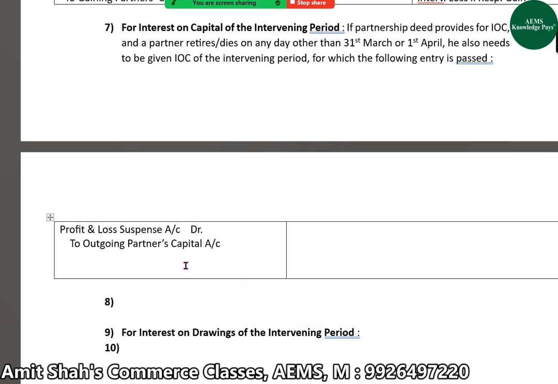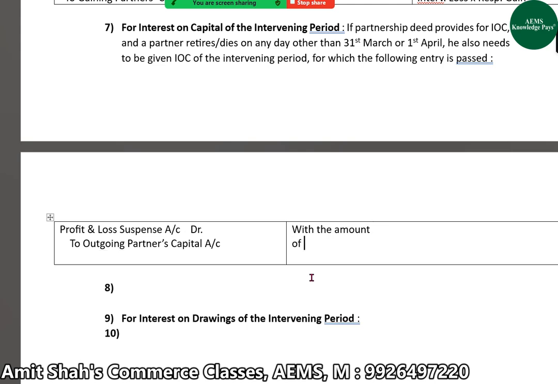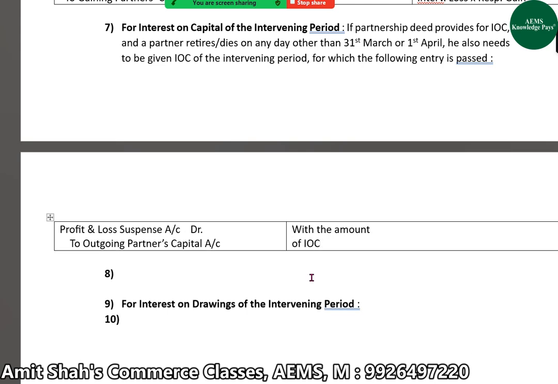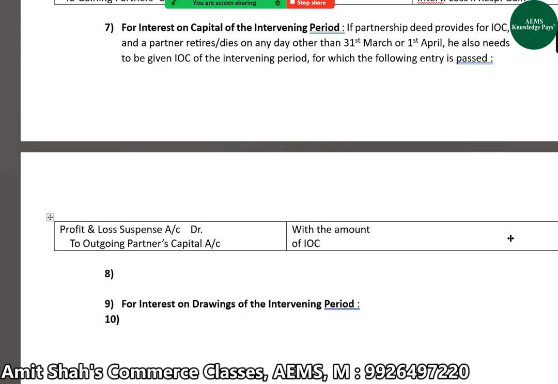And therefore, instead of opening P&L appropriation now, we will debit P&L suspense account. So with the amount of IOC, you will pass this entry. Am I clear, guys? Yes, sir. Yes, sir.